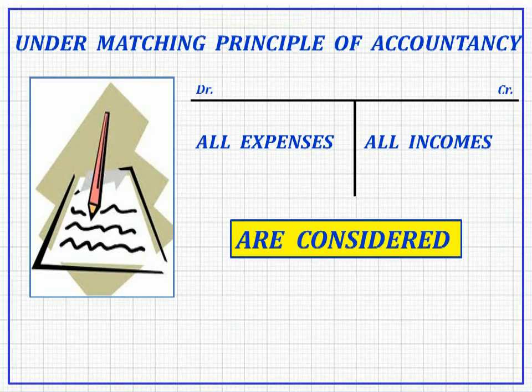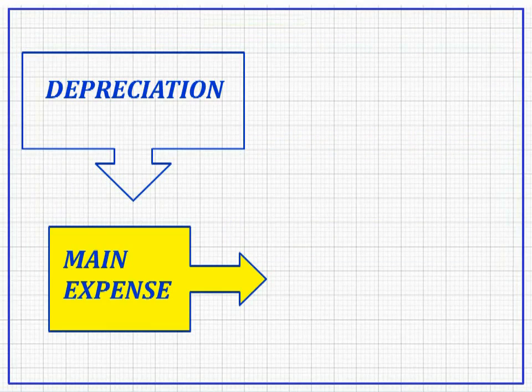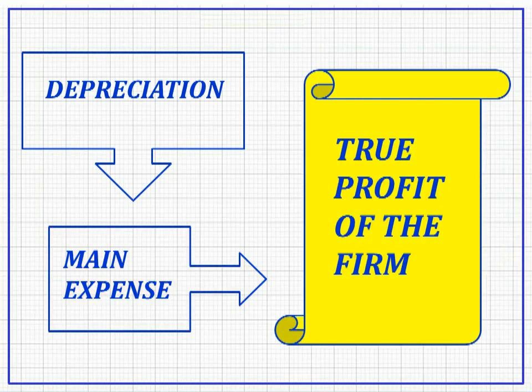Only in that situation will you be able to reach the true profit of the firm. So depreciation is a main expenditure. It must be considered to calculate the net profit of the firm. So one thing is clear, depreciation is an expense for the firm and it must be considered to calculate the true profit of the firm.